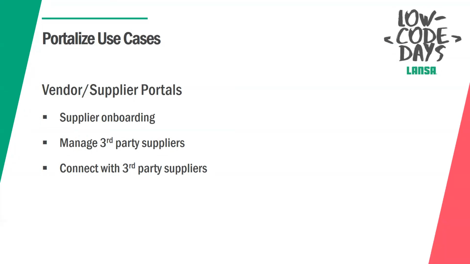They get to log in and go through their onboarding autonomously. Managing third-party suppliers, connecting with them, having a place where they can come in, connect, and manage. Portalize, along with Visual LANSA, those two together make great vendor and supplier portals.